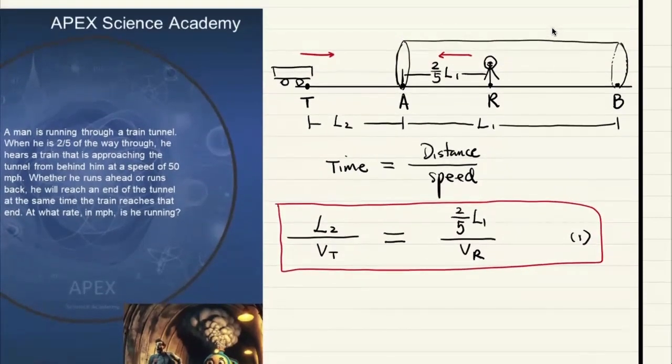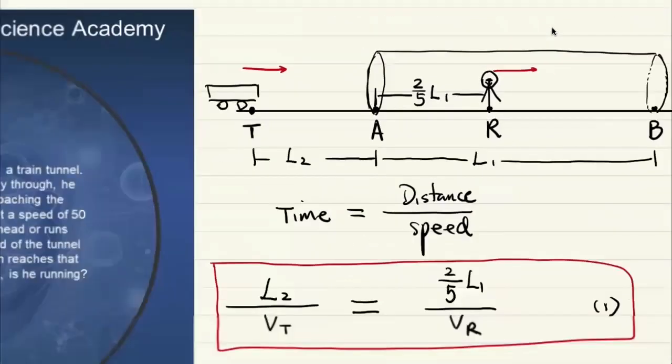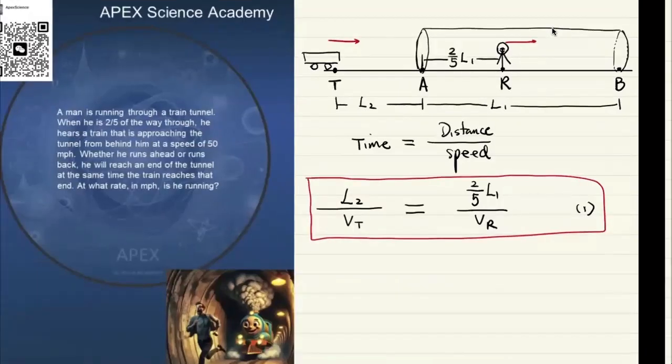In that case, I'm going to change this arrow. So how long does it take for the train to reach point B from T?